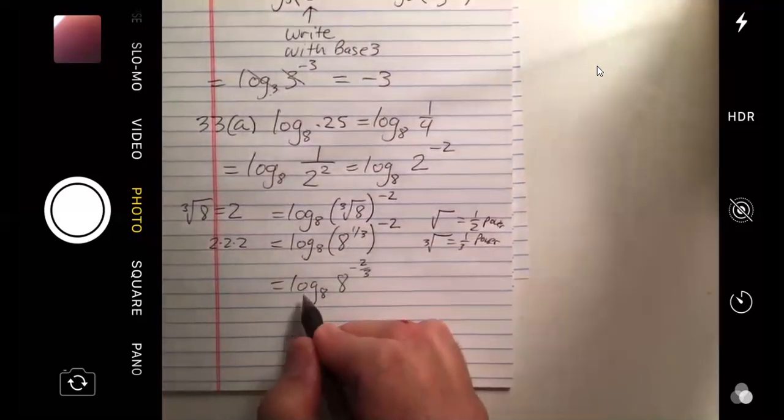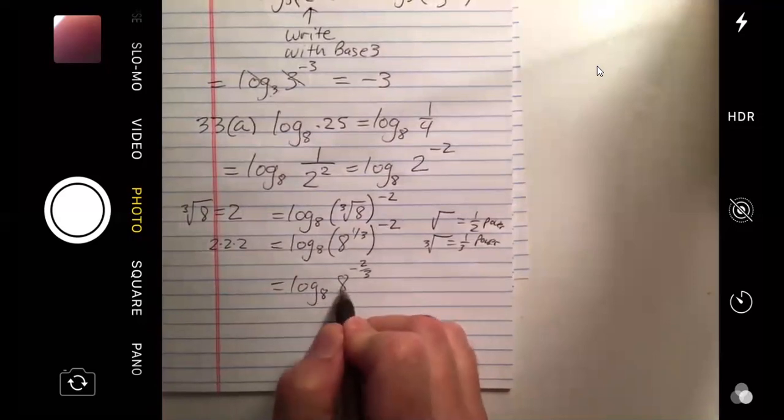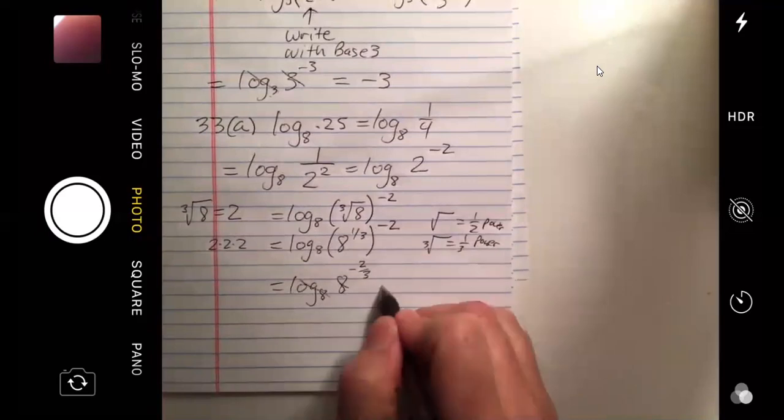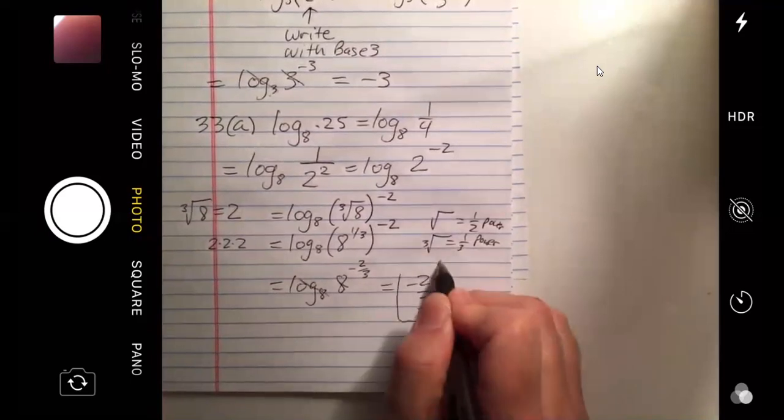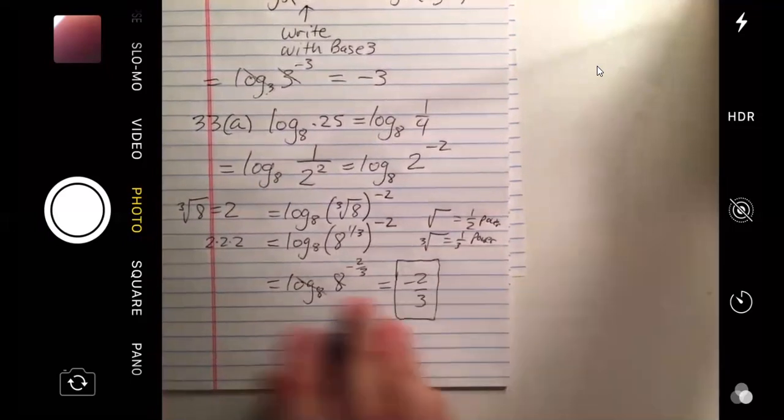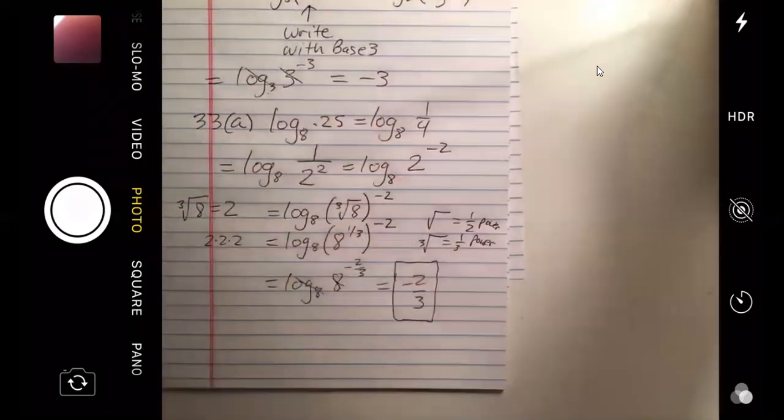And now I've achieved nirvana. The base on my log matches the base on the exponent. My answer, -2/3. There can be other ways to do this. You don't have to do these exactly the way I do them. But on the fly, that's the way I remember how to do it. So that one, yeah, is really tricky.